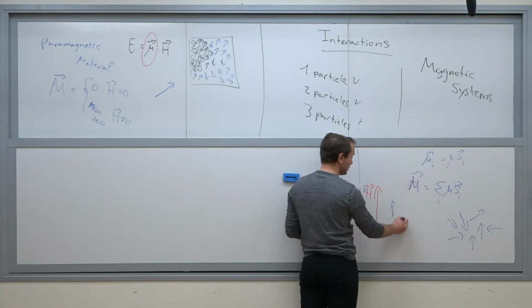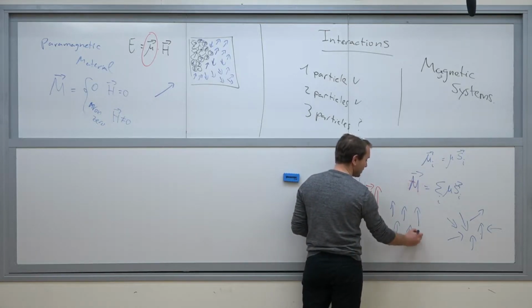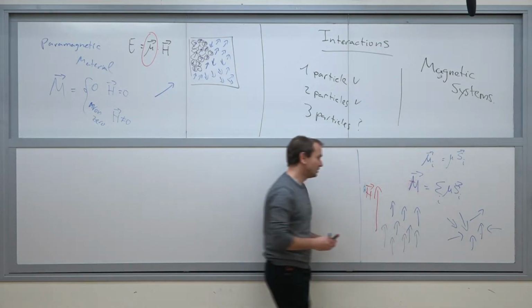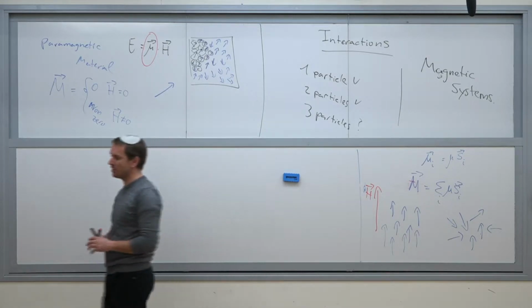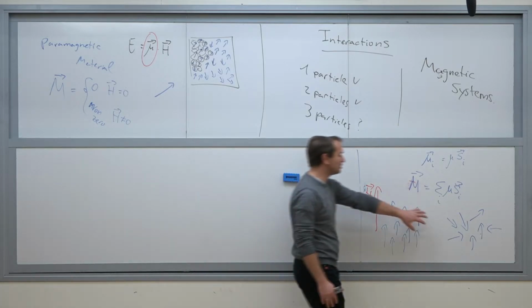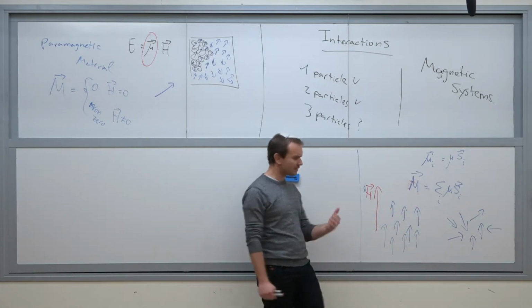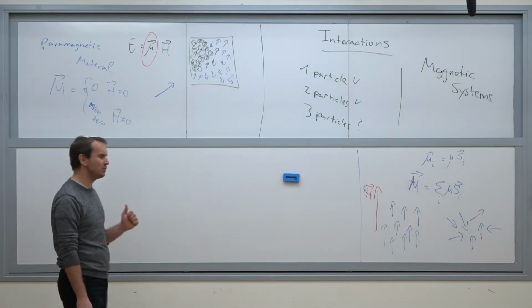They all will try to follow, in general, this external direction, and then we obtain a total magnetization. So this is the big difference in the paramagnetic material: no preferred direction, or some specific preferred direction, and it always depends on the external field that we have in our system.